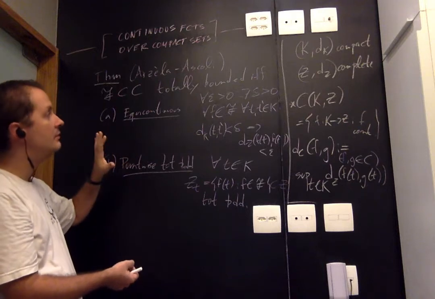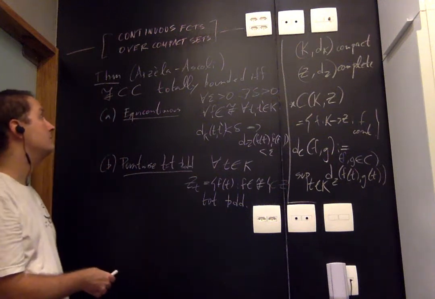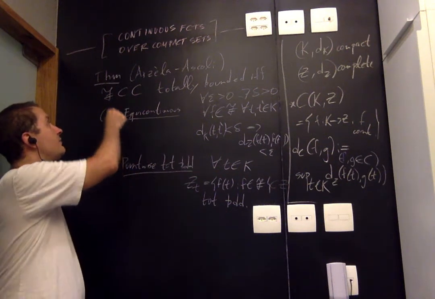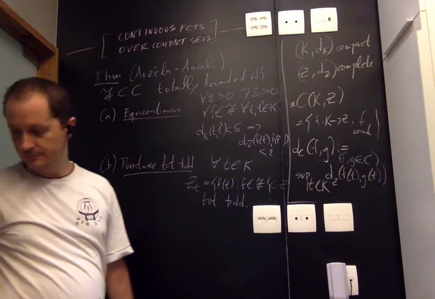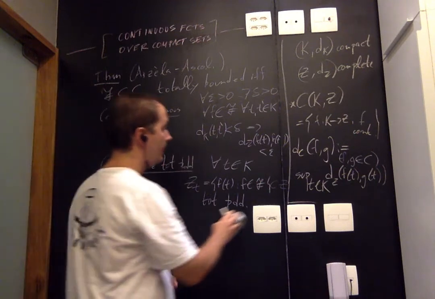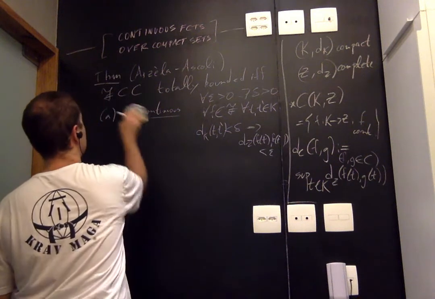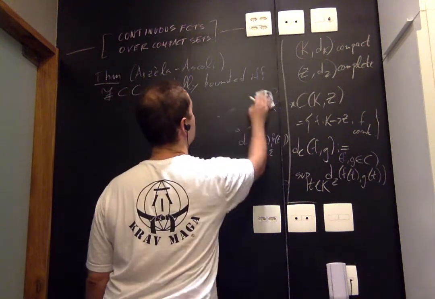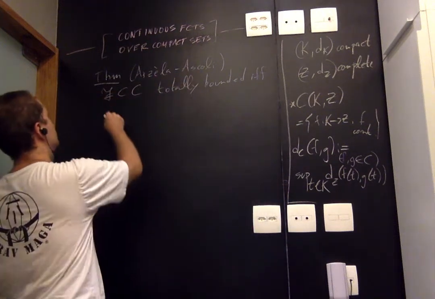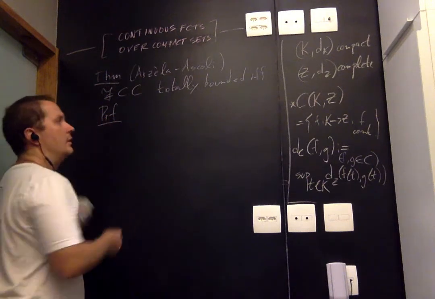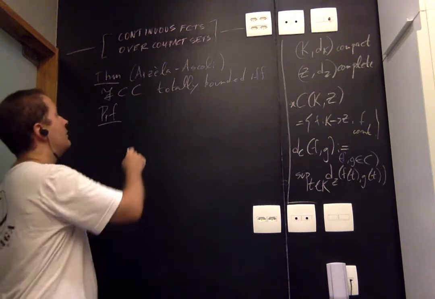And now we're going to prove this theorem. It's an if and only if, but I'm only going to prove the harder direction, which is to say, if F satisfies these two properties, then it has to be totally bounded. Okay, how do we do this? So how do we prove that something's totally bounded?